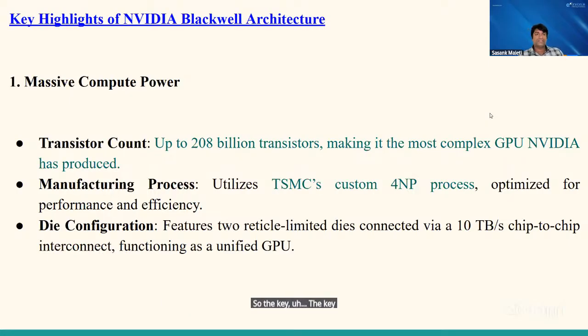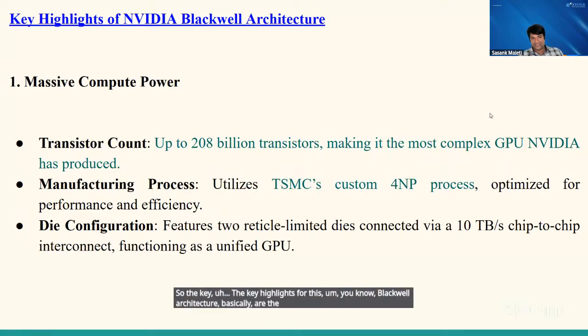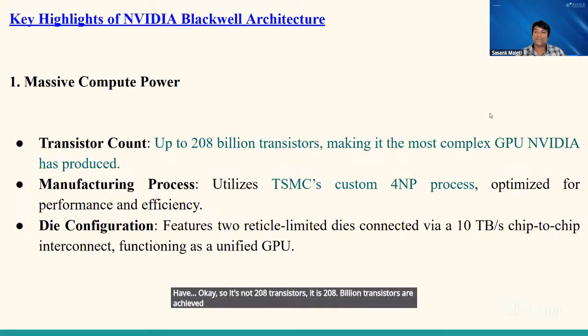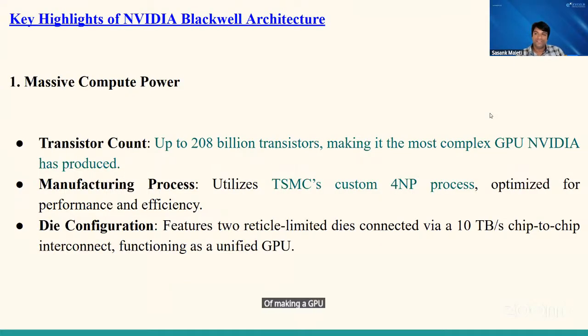The key highlights for this Blackwell architecture are the billion transistors. 208 billion transistors, not 208 transistors, have been put together in the production of a GPU by Nvidia. 208 billion is unbelievable. So small transistors which help in faster processing and computational power, right?